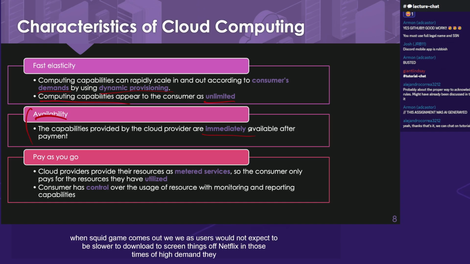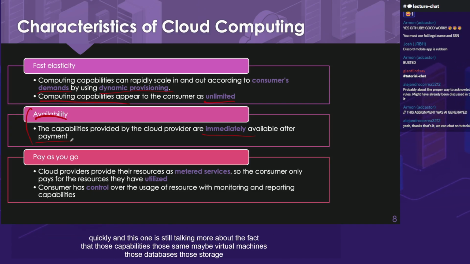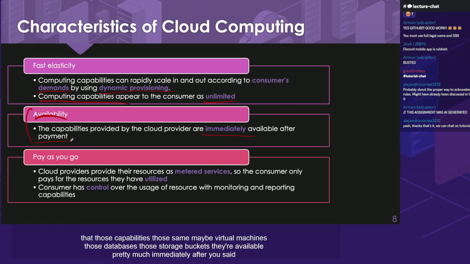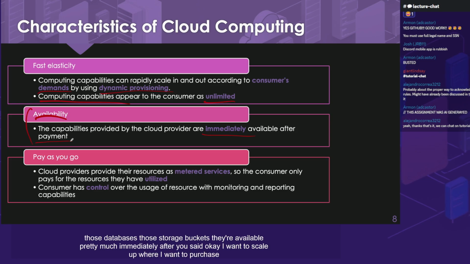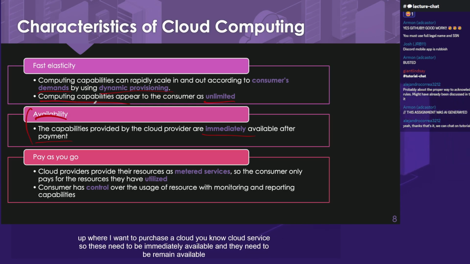They should be provided immediately and quickly. And yeah, this one is still talking more about the fact that those capabilities, those say maybe virtual machines, those databases, those storage buckets, they're available pretty much immediately after you've said, okay, I want to scale up or I want to purchase a cloud service. So these need to be immediately available and they need to remain available as well, despite peak demand from consumers.